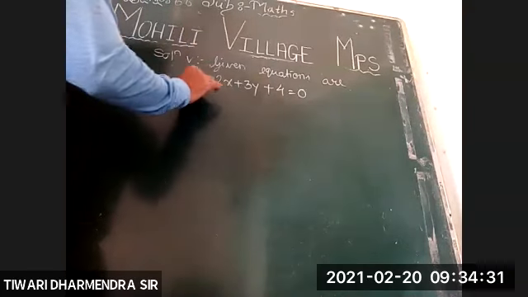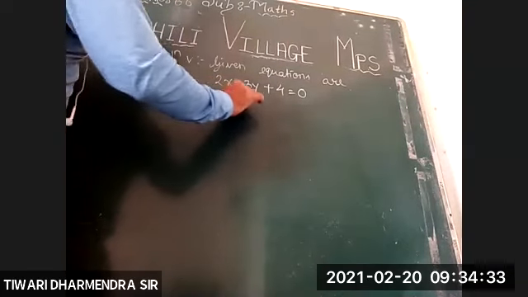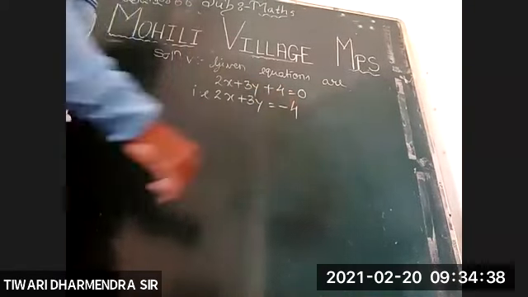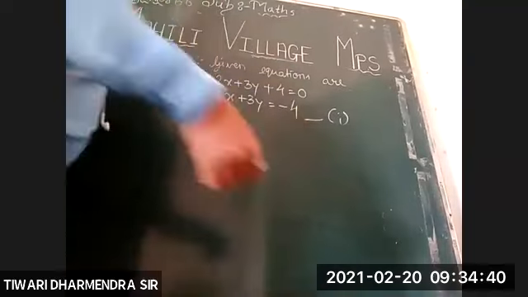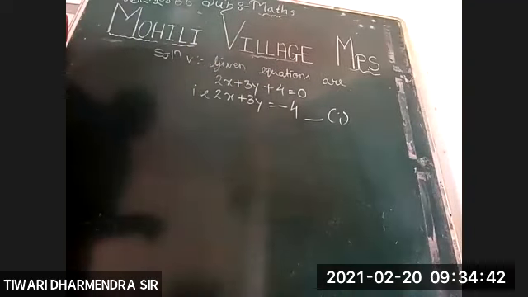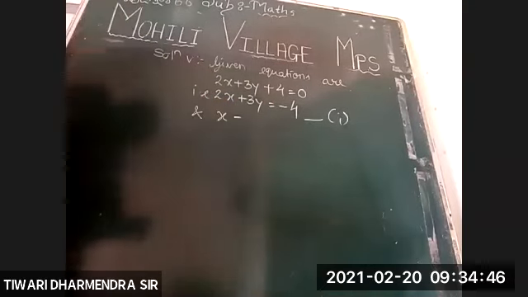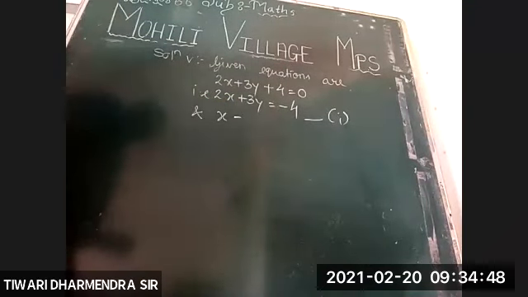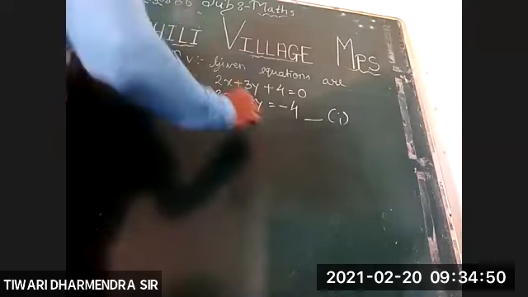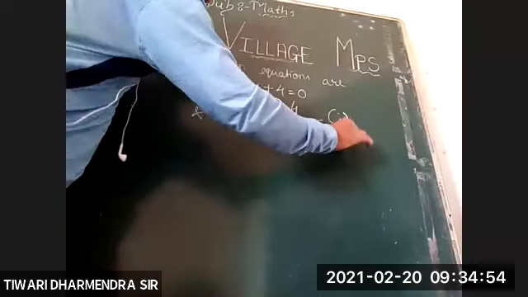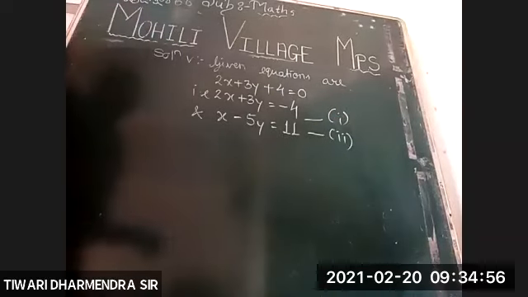We can write it as 2x plus 3y is equal to, taking 4 to that side, minus 4. This is my equation number 1. And x minus 5y is equal to 11. This is my equation number 2.